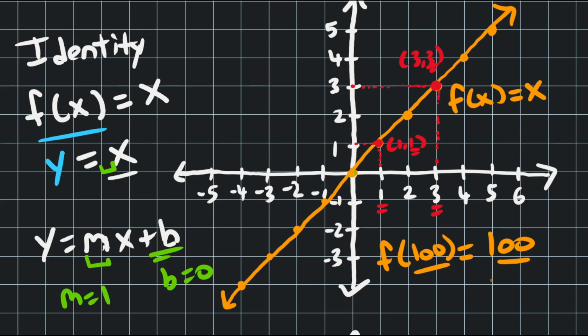Remember to think of functions like a machine. We put in 100, so our input was 100, and our output is also 100. That's the identity function, f of x equals x. So that's how identity functions work, and that's how you graph it.